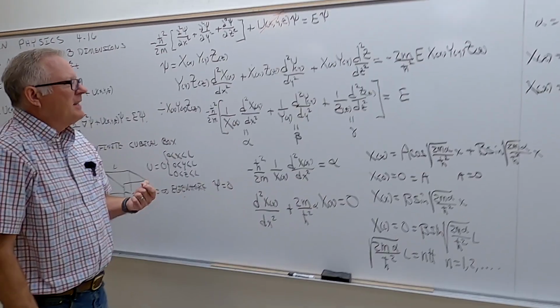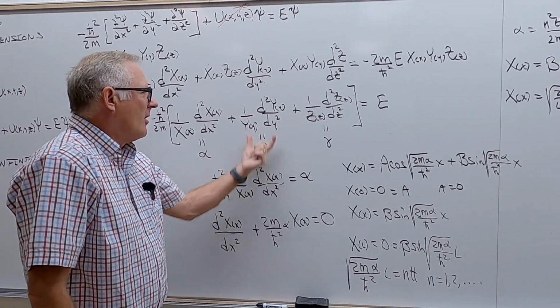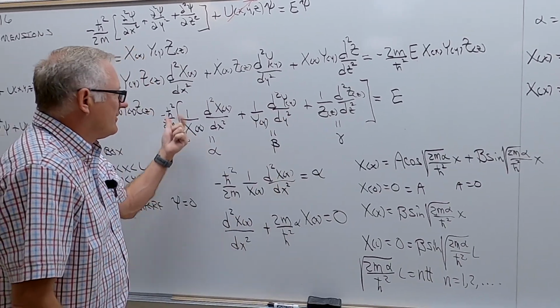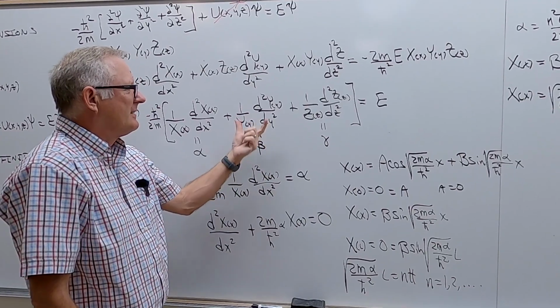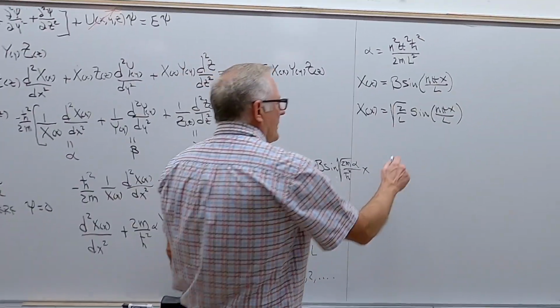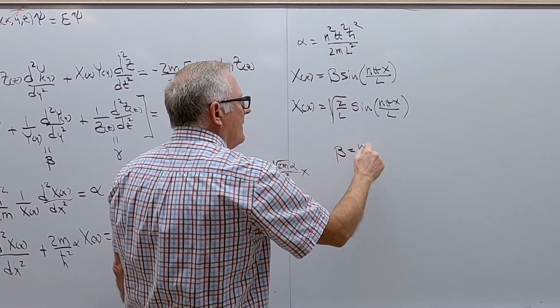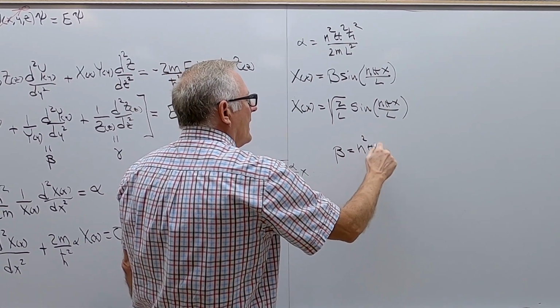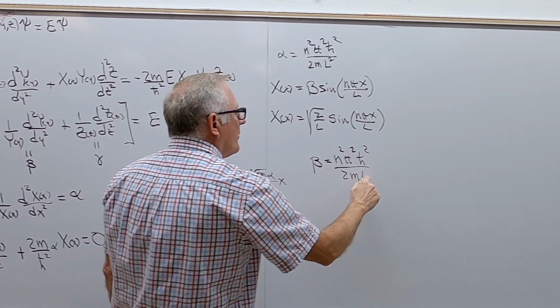Then we've got to do it for this one right here. We have to solve this equation. Well, this equation looks the same as this, except instead of x's we've got y's, and instead of alphas we've got beta. So in that case, we're going to get beta is equal to n squared pi squared h bar squared all over 2mL squared.